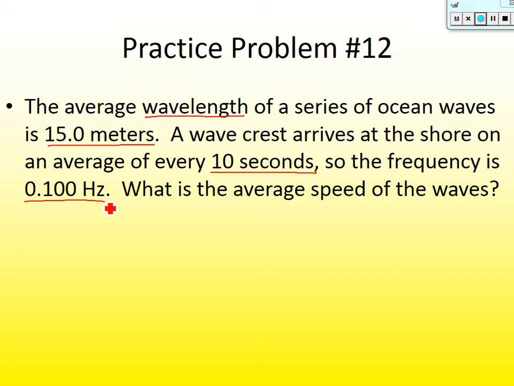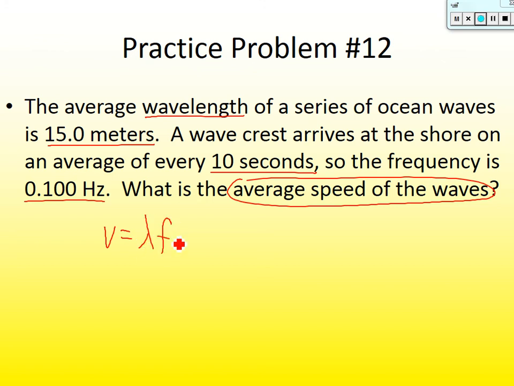So you're sitting at the beach, and you've timed these waves, and they crash into the beach every 10 seconds, and you measured kind of their wavelength. Let's figure out how fast they're going. So if we're going to get the average speed of the wave, let's write down that equation. V is equal to what, guys? Wavelength times frequency. Now it didn't tell me the speed. That's what I'm supposed to find, so I'm going to call it V. What was the wavelength? Did it tell us? 15 meters.